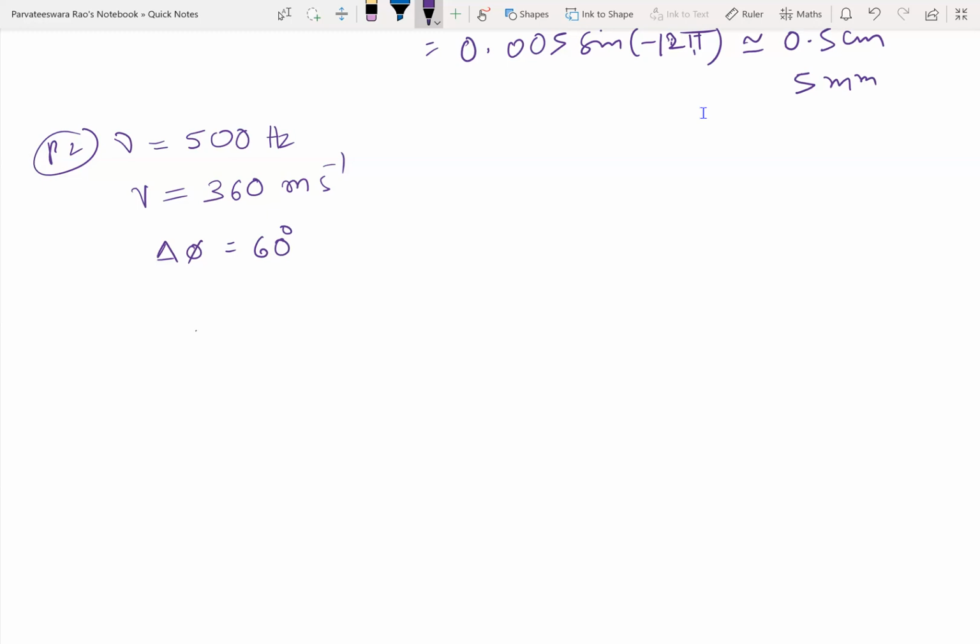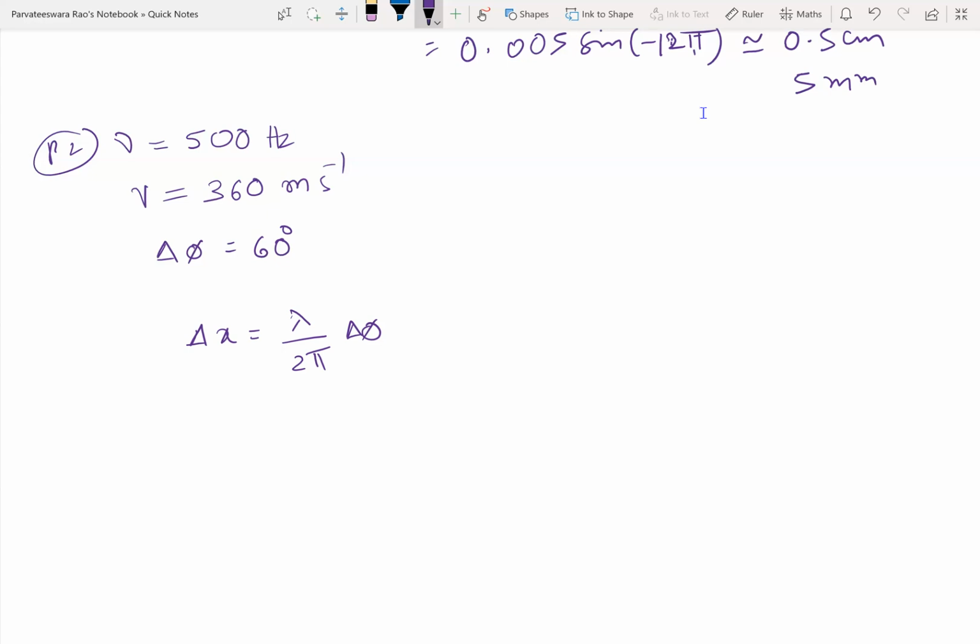See, we derived a relation: delta x is equal to lambda by 2 pi into delta phi. Sir, it is 2 pi by lambda, sir.